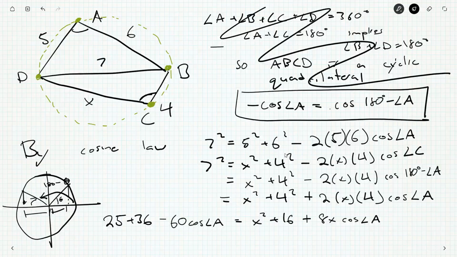So I'll subtract 16 off of here, and we'll have 45 minus 60 cos angle A is x squared plus 8x cos of angle A. Alright, so that's certainly true. I don't know where we're going with this, though. Because I have one equation and two unknowns.